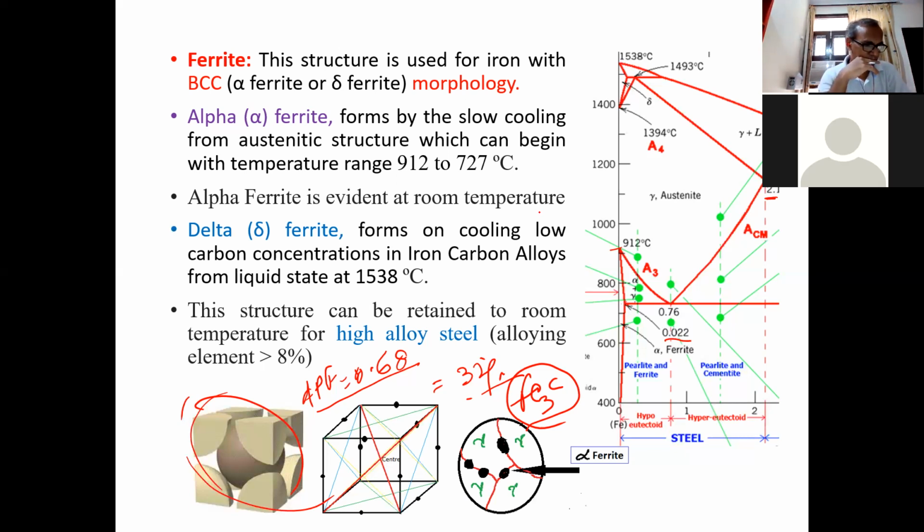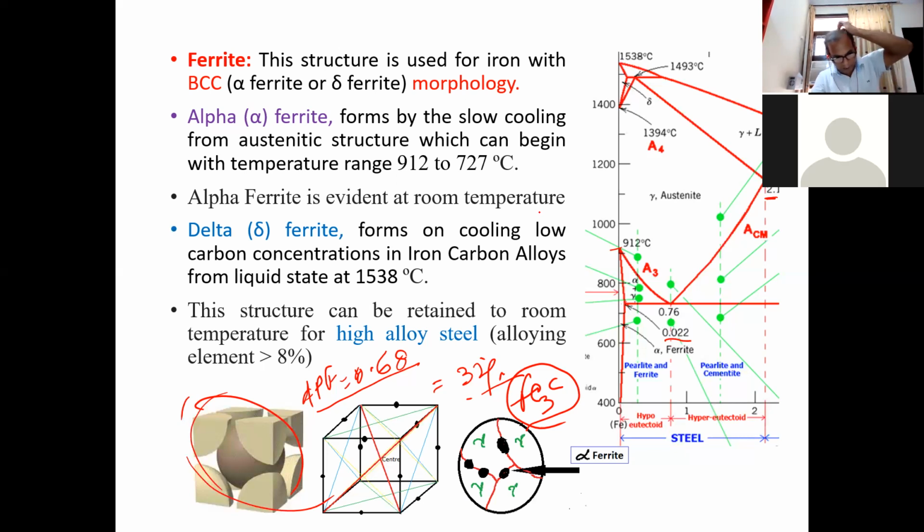In BCC, a carbon atom can dissolve only 1 per 500 unit cells, maximum up to 0.02 weight%.